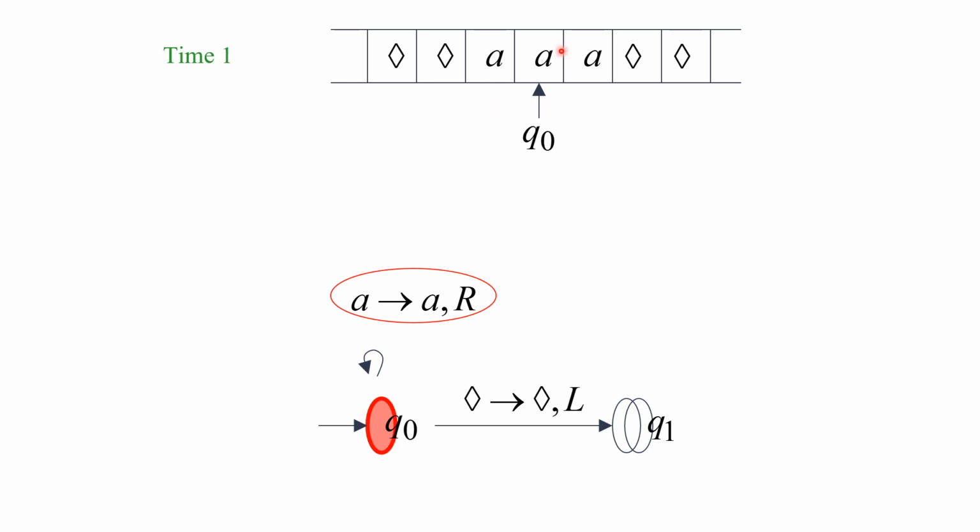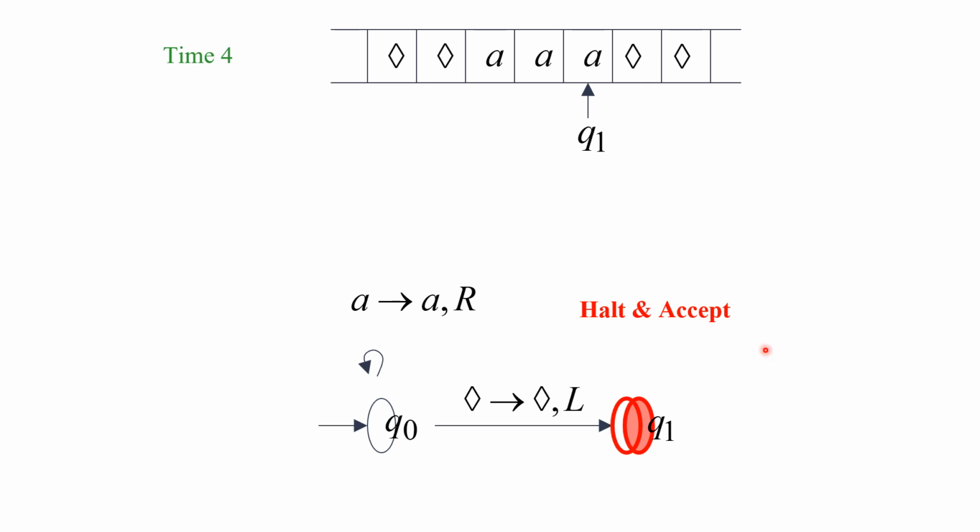In the next state, we read A, write A in place of A and move to the third A. When we move past the third A, we get the blank symbol. When we reach this blank symbol, we move to the left and reach the final state with halt.